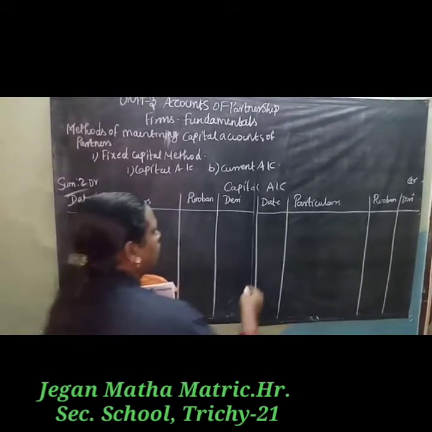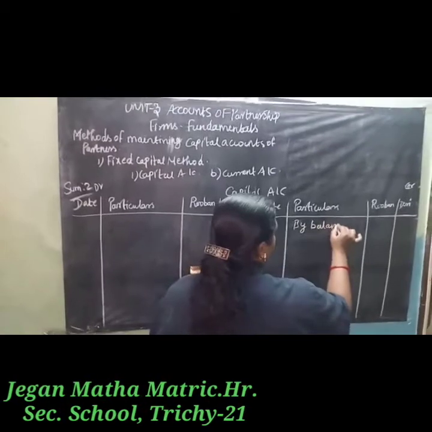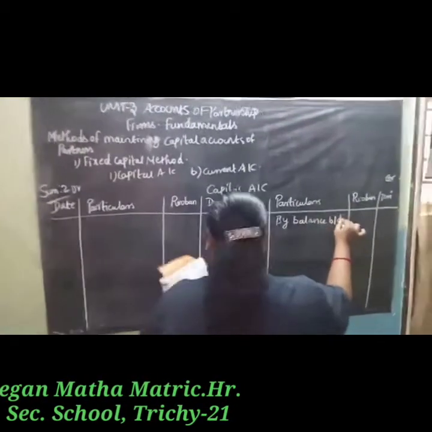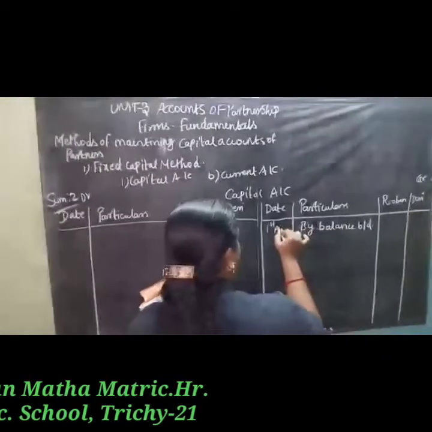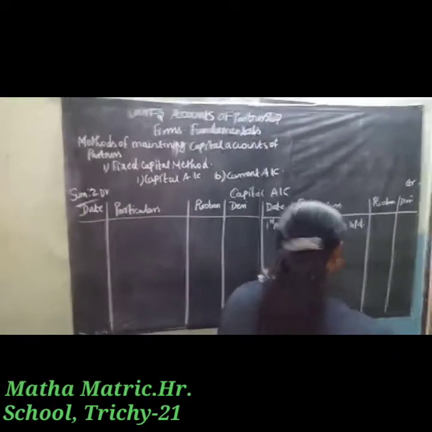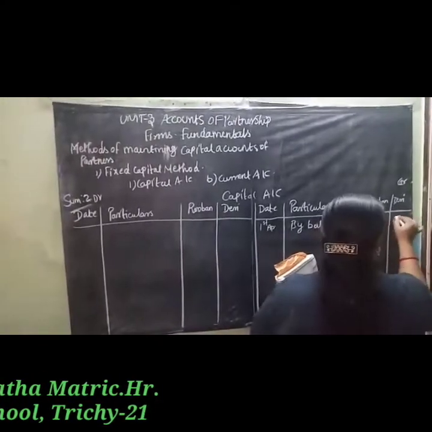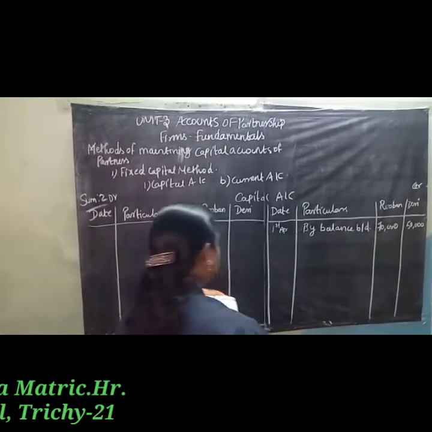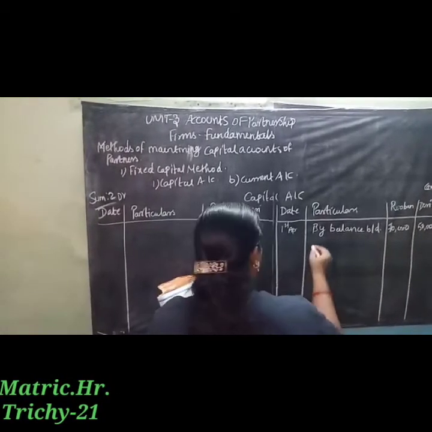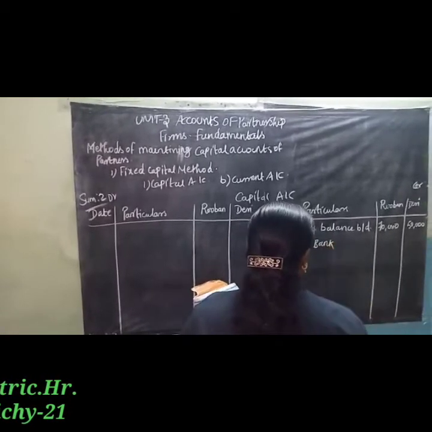So we have to write by balance brought down, date 1st April: 70,000 and 50,000. Then again the partners introduce additional capital by bank, so we write by bank. What is the entry?